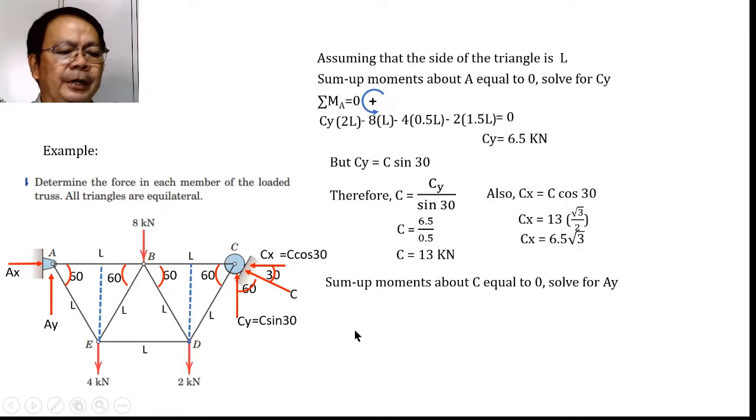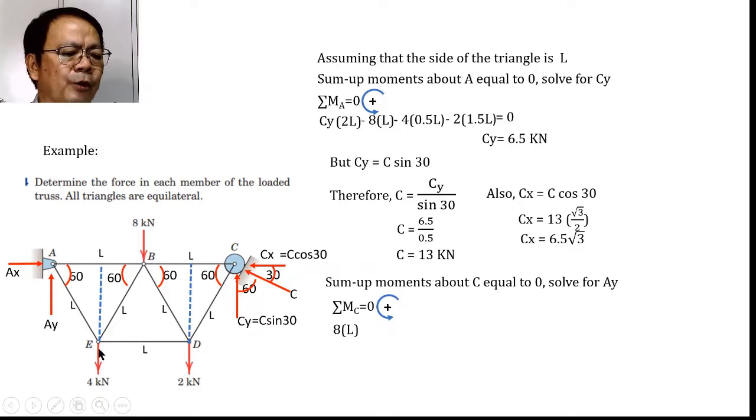And the value will be, okay, the following. We sum up moment about C equal to 0, and using counterclockwise as positive, our equation will become: 8 multiplied by L as the moment arm will be counterclockwise, and hence that is positive.